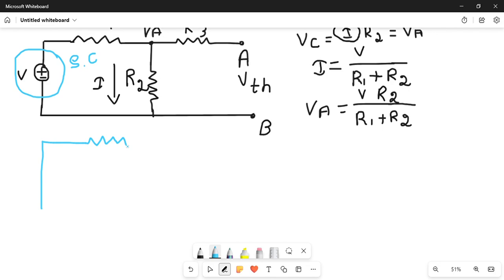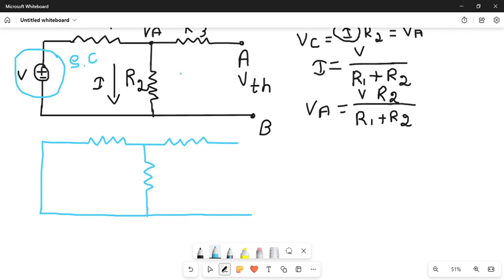Here it is resistance R1. I'm going to use the same black color for writing, because if I use different colors you'll get confused. For highlighting, I'll use a different color so that you can understand things.